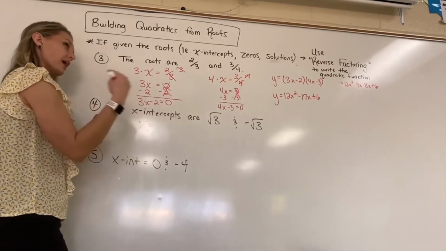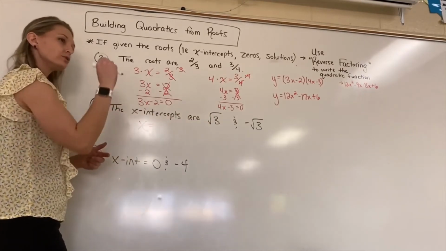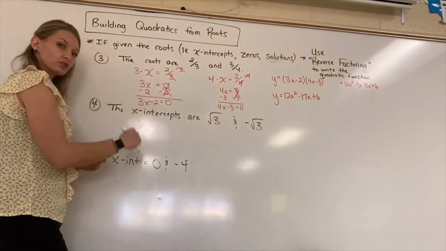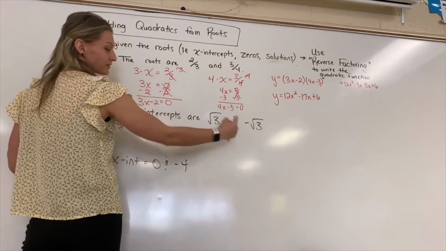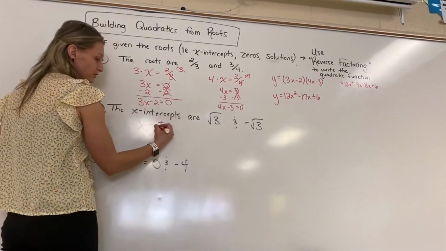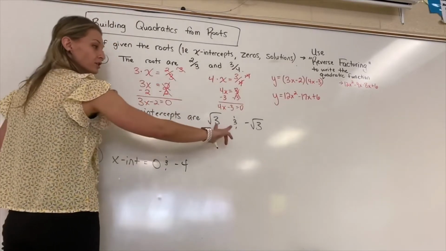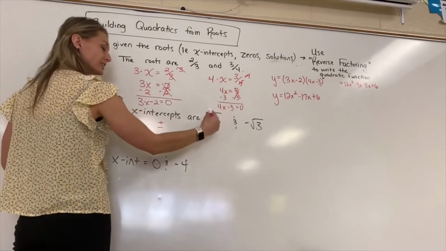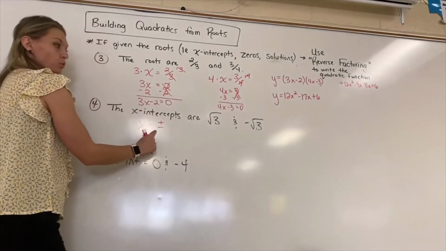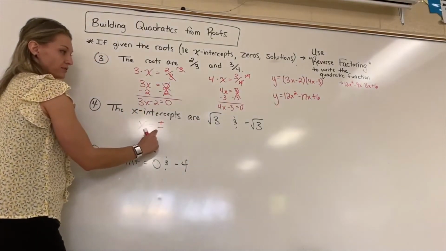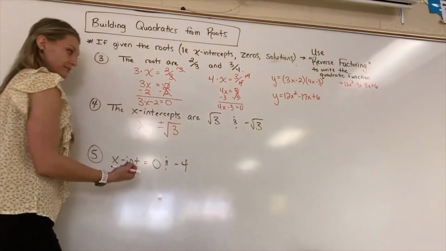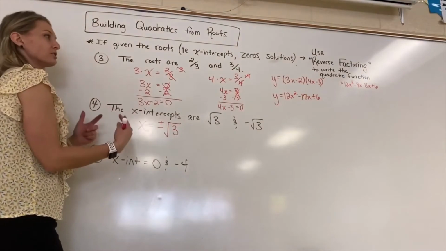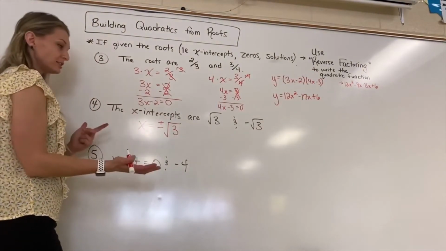If you think about how square roots work, when you square root something, remember there's actually two answers that you have. You have a positive and then a negative. So typically we would put plus or minus our answer. So here we're going to actually put those together as one. So like this would be a positive negative square root 3 because that actually represents what you see here, okay? And that way it actually makes the next part a little bit easier.